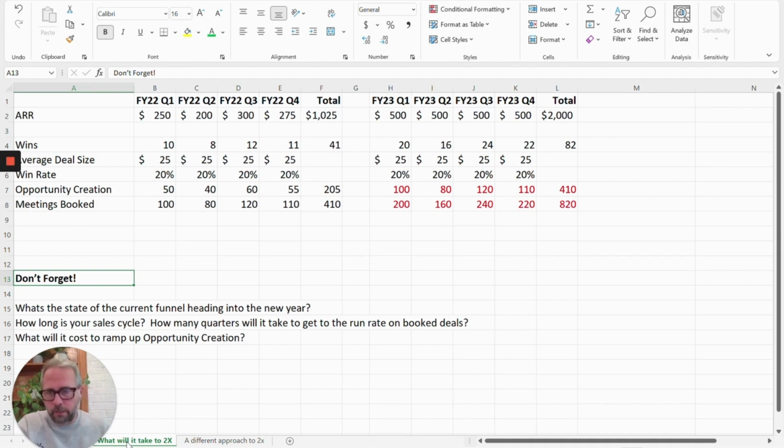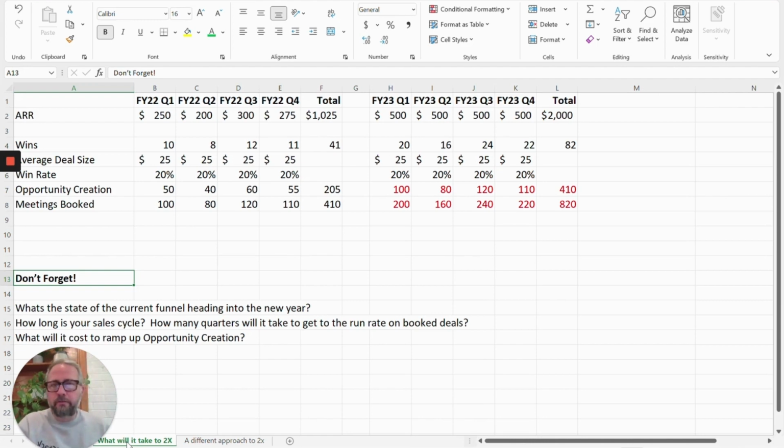Another metric you've got to get a handle on is how much of your funnel do you push every quarter. And with that, you already know what Q1 is going to look like. You don't want to sign up on your new year at a 2x starting in Q1 unless your funnel can support that. So you've got to do some quick math on that.